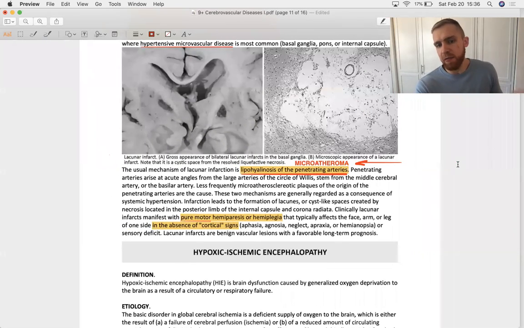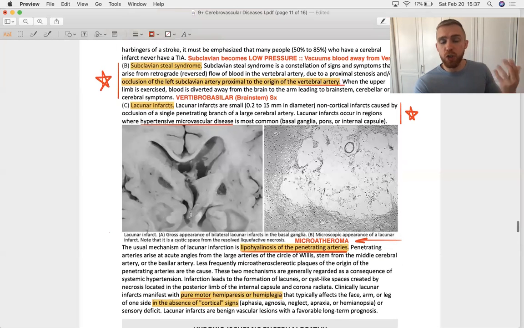And so microatheroma, it's a small fatty body, like atherosclerosis. So a microatheroma is just an embolization of a little bit of an atherosclerotic plaque. So if you have atherosclerosis, you're going to get an ischemic stroke, which is going to turn into a lacunar infarct. That's all that this is saying.